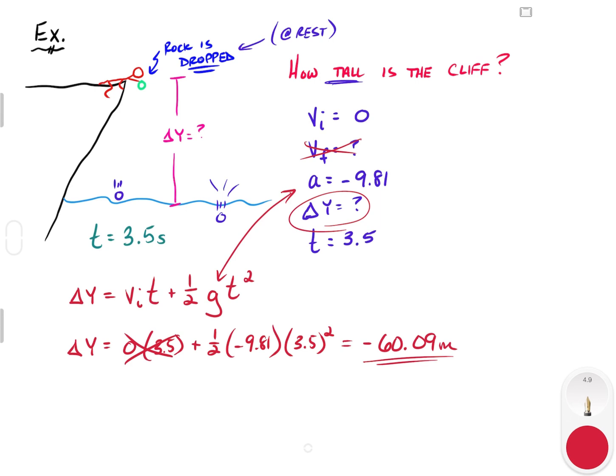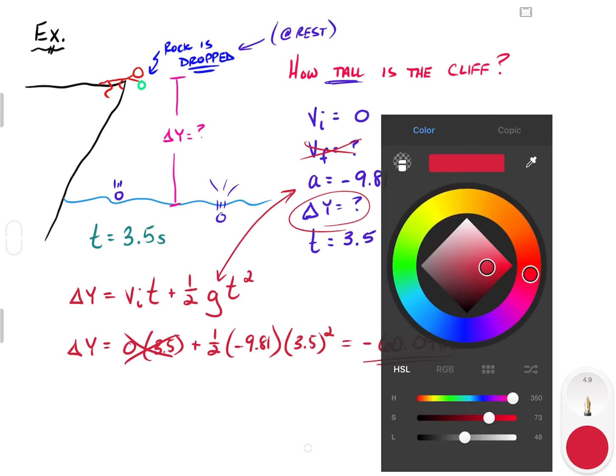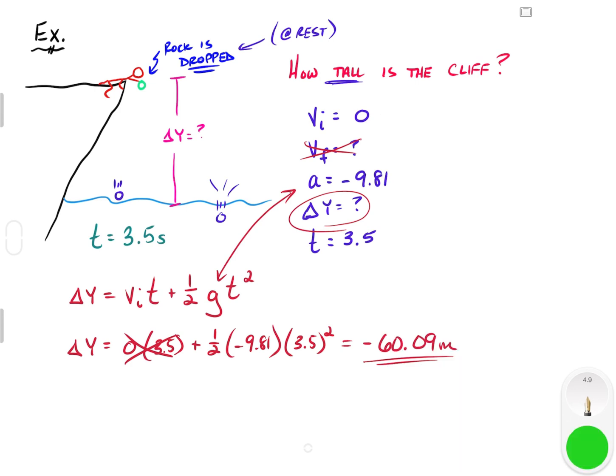Now that throws a lot of people off. They say, why is it negative? Well, we have to think about it. We're looking at this rock here, and the rock began up here and ended down here. So which way did this rock move? It moved downward. This represents the displacement of the rock. The rock is now 60.09 meters below where it started. So we just flip that around. If I want to measure the height of the cliff, we don't usually measure with negative numbers.